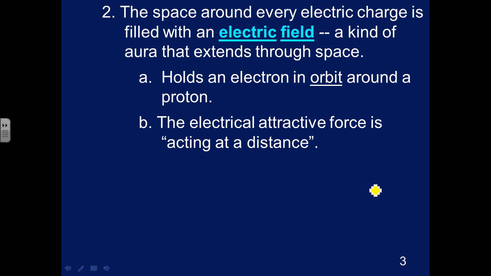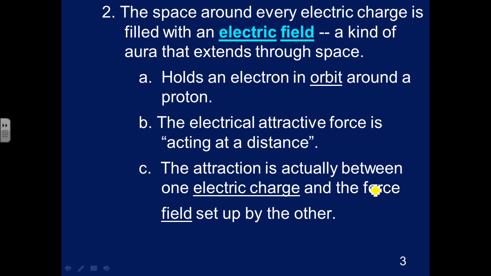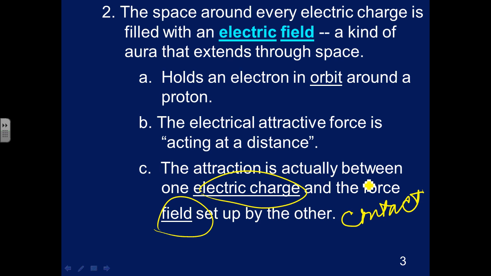The forces seem to be acting at a distance, but what's really touching is the electric charge of one object is touching the force field of the other. There is contact between the charge and the field of the other charge. So if I have a positive nucleus and I have this electron out here, they're not touching, but they're each touching the force field of the other.